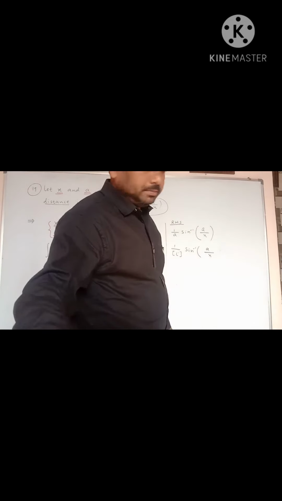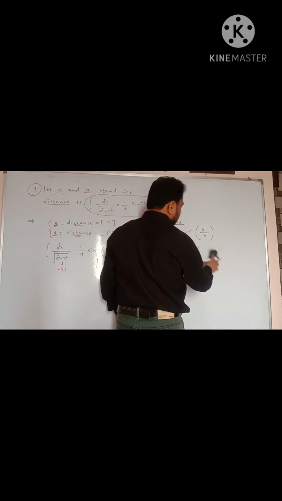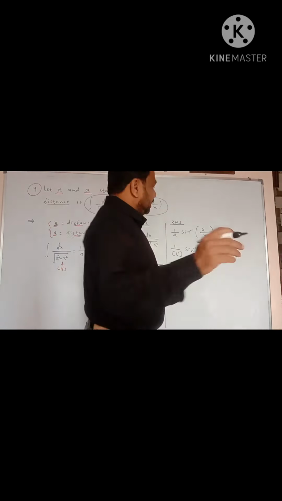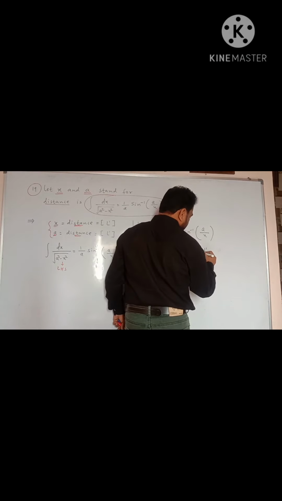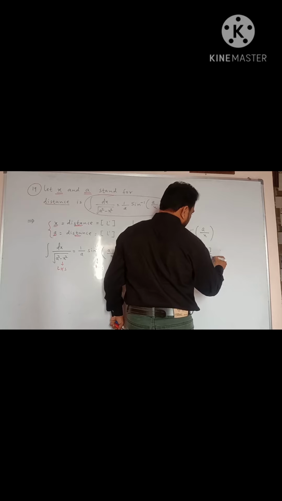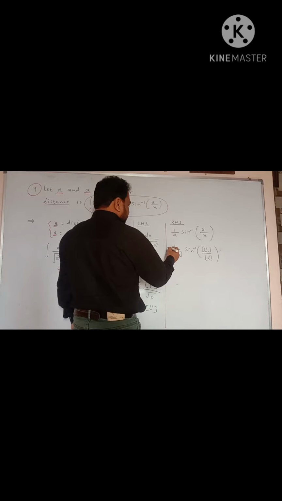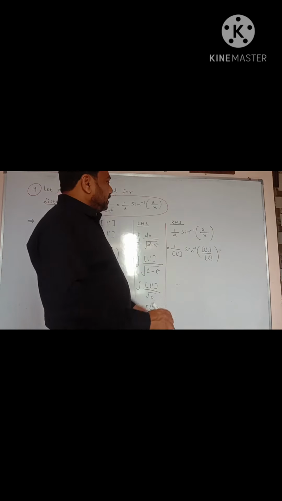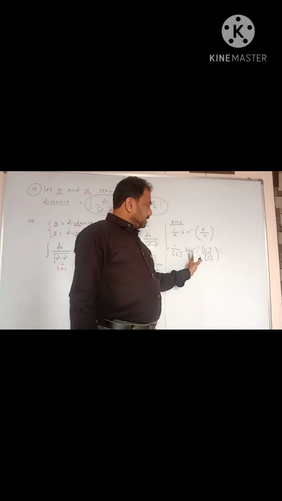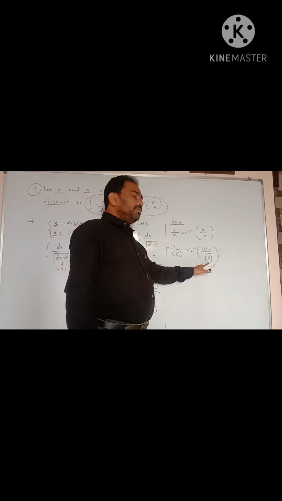What is a? That is L^1 because of distance, upon x, which is also L^1 because of distance. Now concentrate here. Inside the sine inverse, this L^1 will get cancelled.